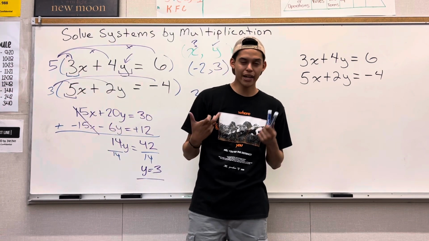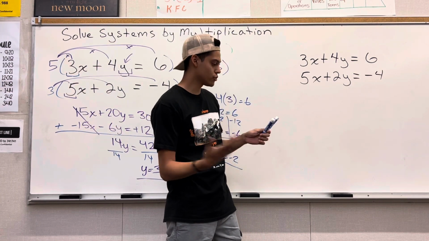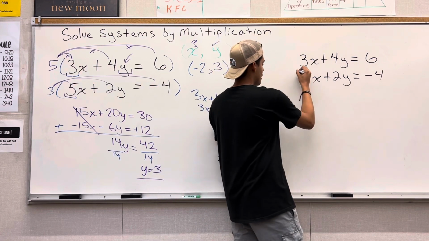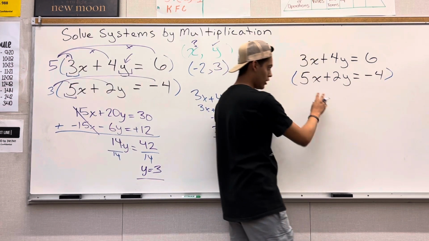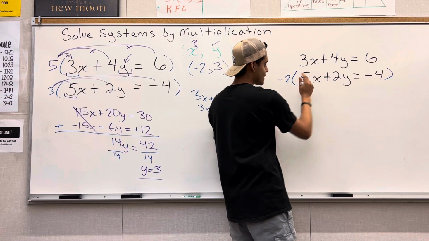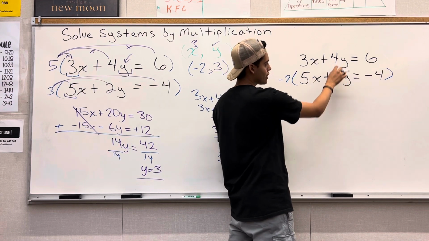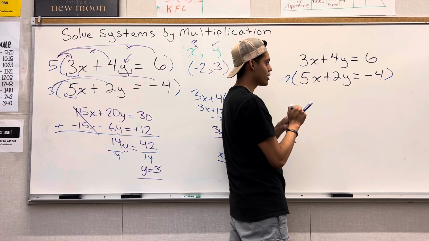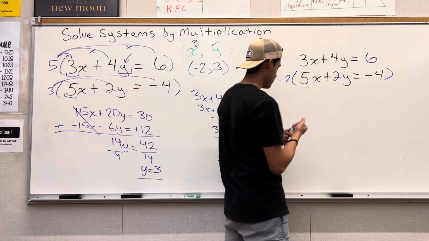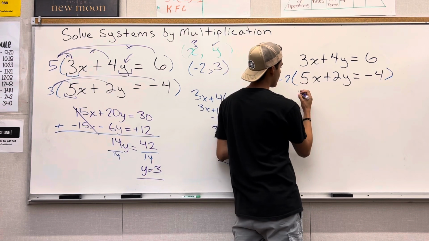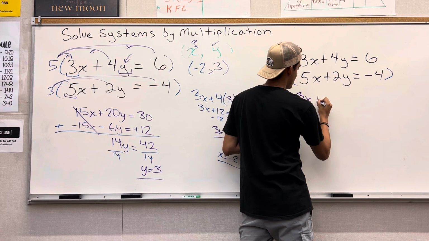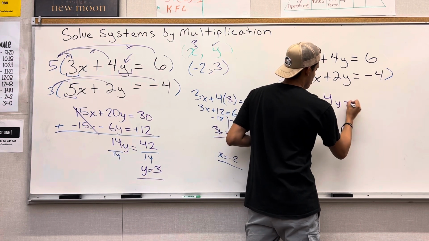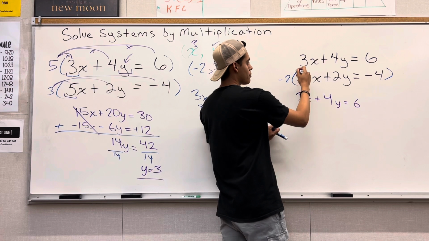We're just trying to find where it can be canceled out. Hopefully you can follow along. We're multiplying this entire equation by negative 2, because we want these two to cancel out; they look the easiest to do. The 4 and the 2 are multiples of each other. So rewrite the top one, and do not change a single bit of it. And we're going to do the distributive property.